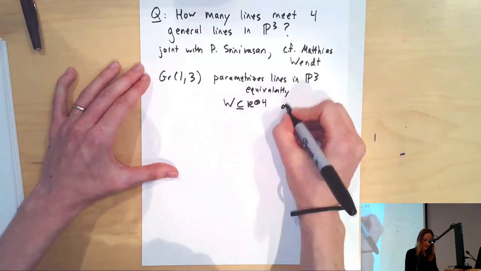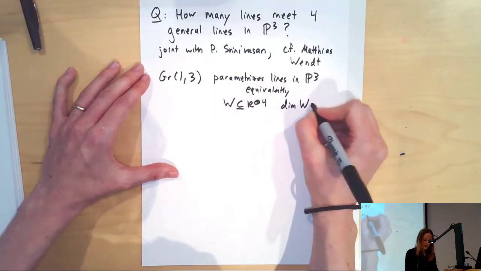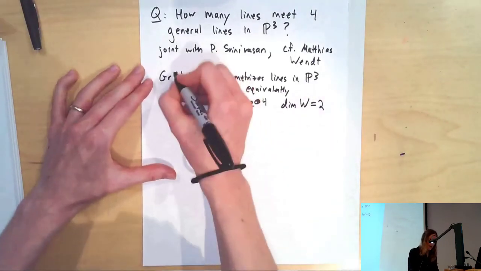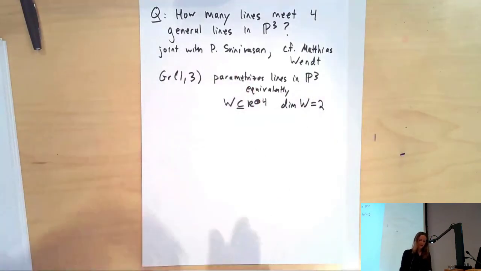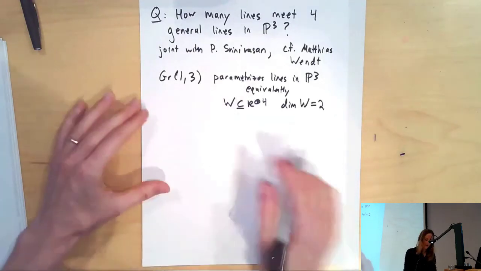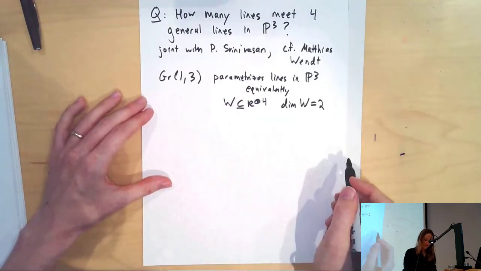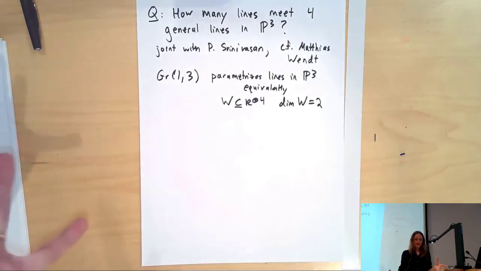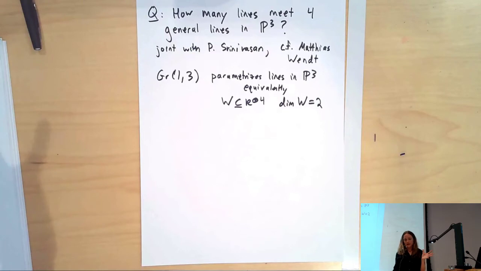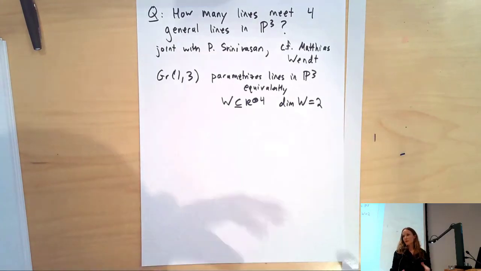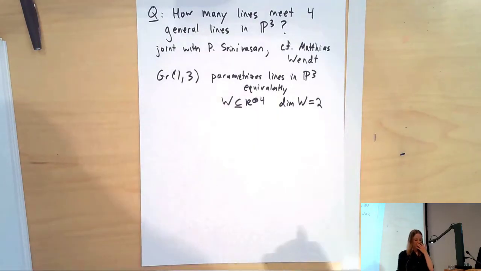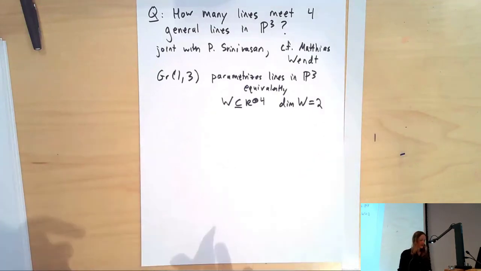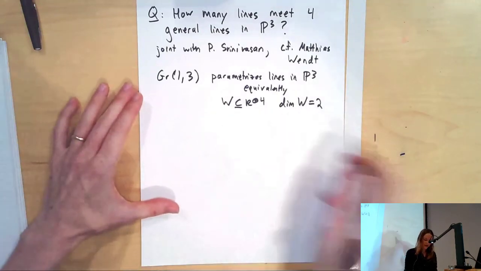So W has dimension 2. The goal of this question is we're going to simultaneously do something fun with a fun answer, and give another example of calculating an Euler class with a bunch of sums. So it's going to be a little explicit, but hopefully still amusing.